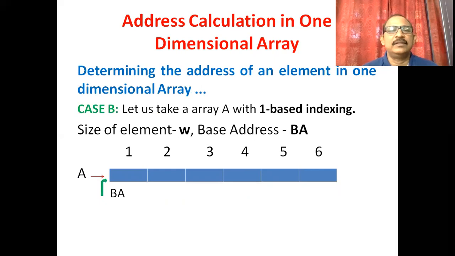Let us take the second case: array A with one-based indexing. Let us again assume the size of each element is W and the base address is BA. So the address of the first element, A1, is BA.